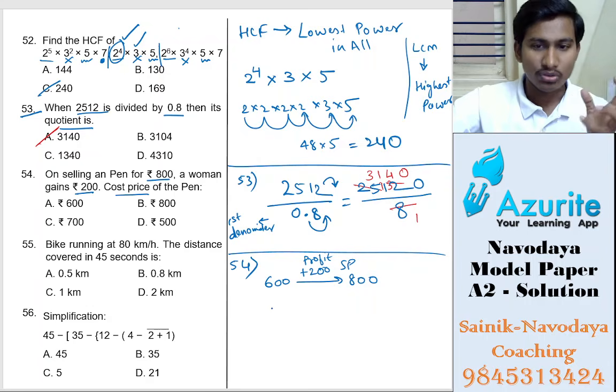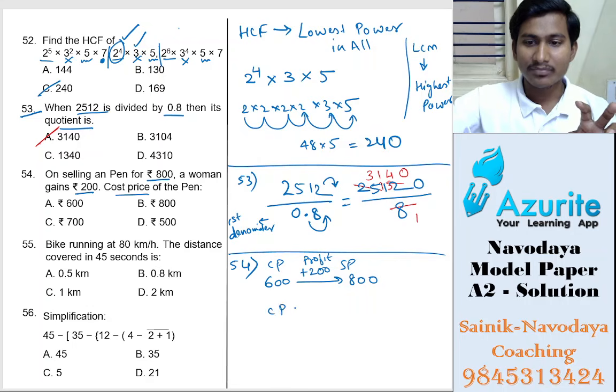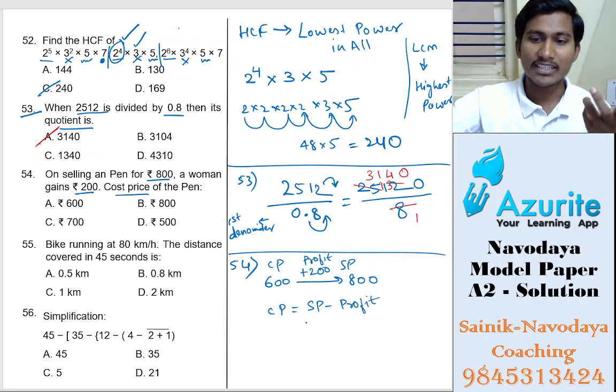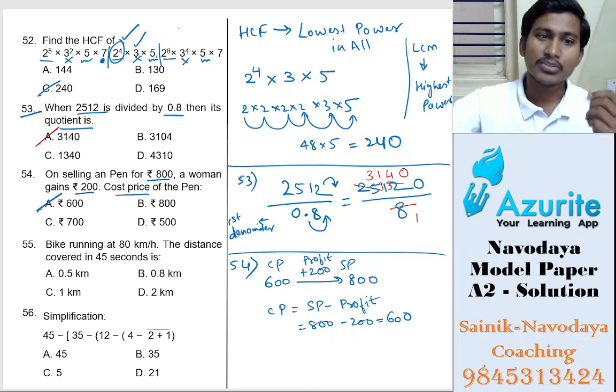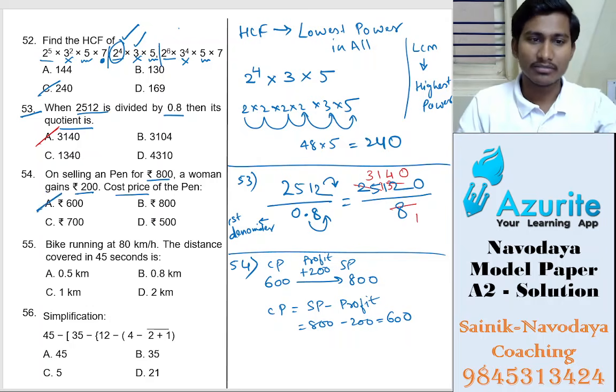If you want to find the cost price when profit and selling price are given, do selling price minus profit. So the answer is 800 minus 200 is 600. The option is option A. Got it? Very good.